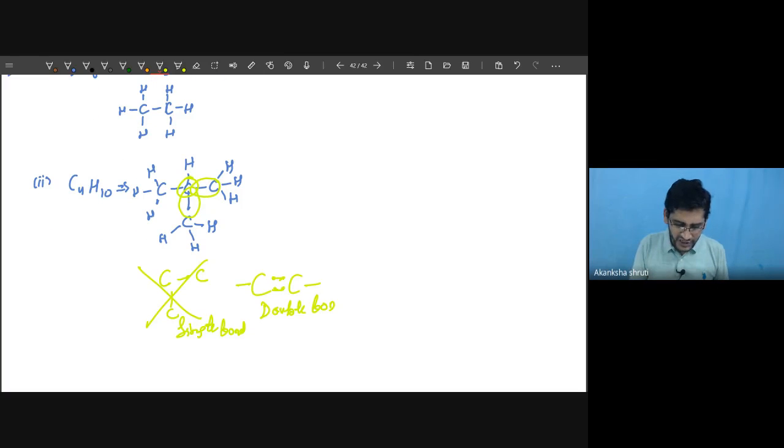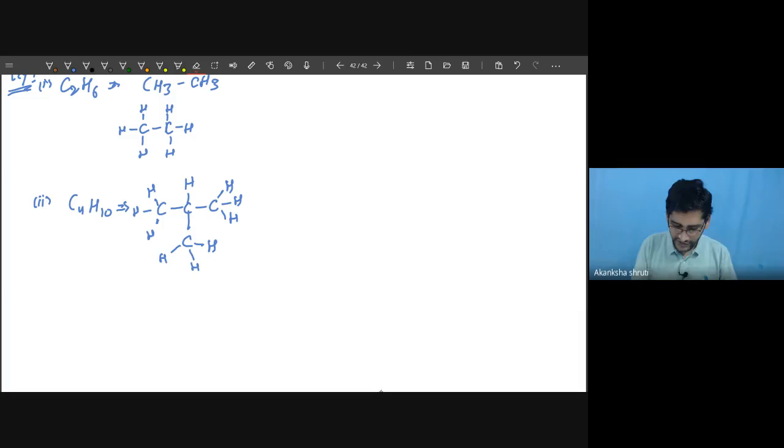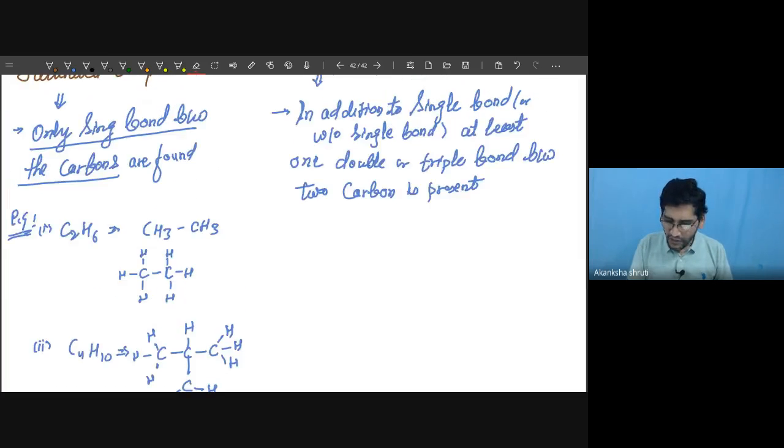So whatever the structure we are drawing, all the structure must contain the carbon-carbon single bond only. This is the thing that we need to keep in mind for saturated. Now coming to the unsaturated.